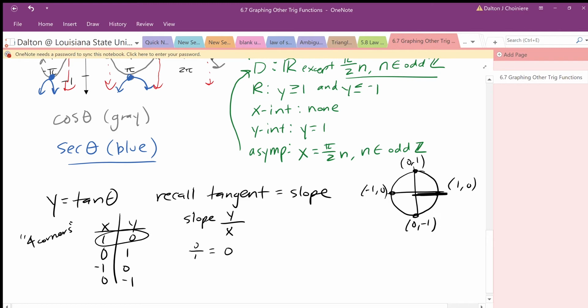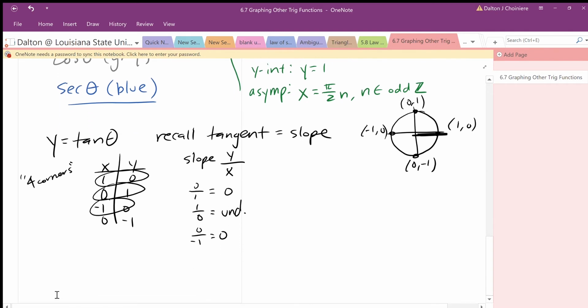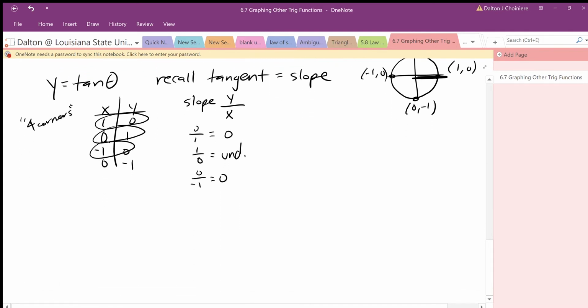Then my next pair will be 1 divided by 0, and anything divided by 0 is undefined. My next one, 0 divided by negative 1, is 0. And lastly, negative 1 divided by 0 is again undefined. So we have this idea of asymptotes again in our tangent graph.